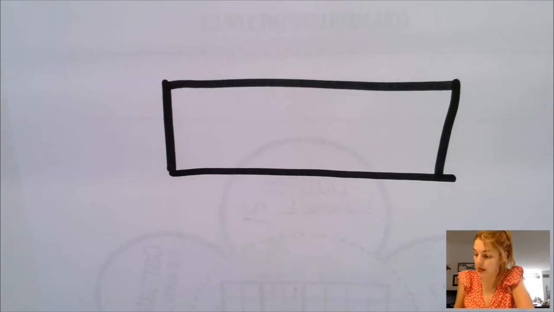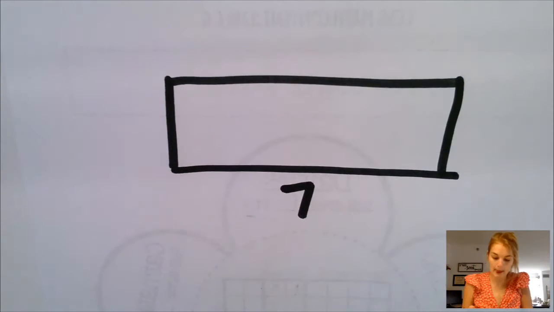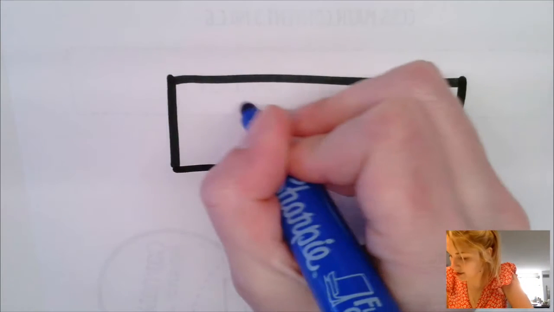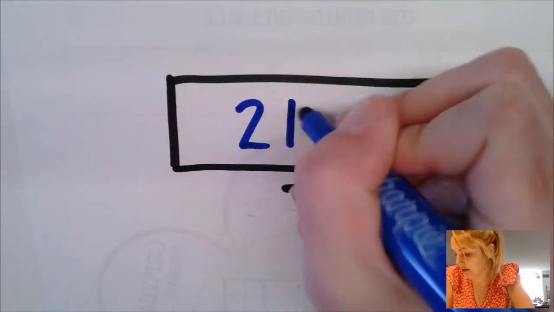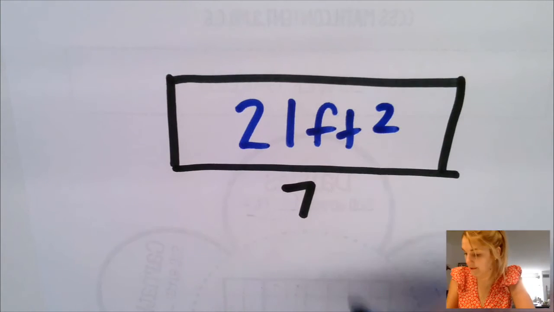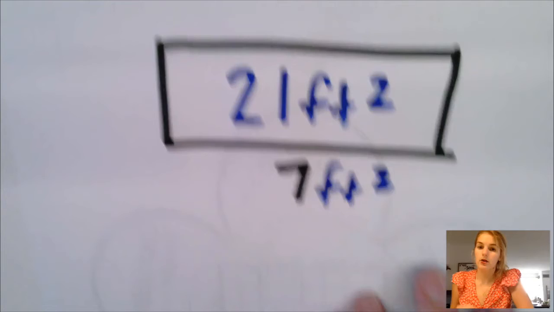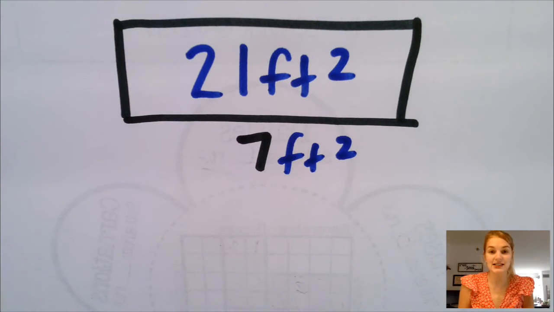I'm going to have a shape here. And we are going to say that this is 7. And we're going to say that the area is 21 feet squared. Okay, so we're looking for our missing side.